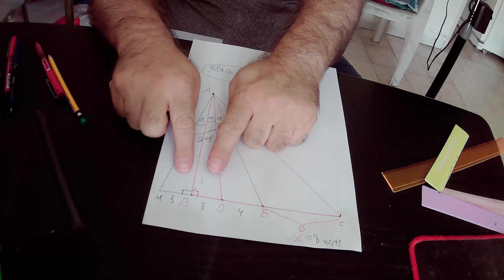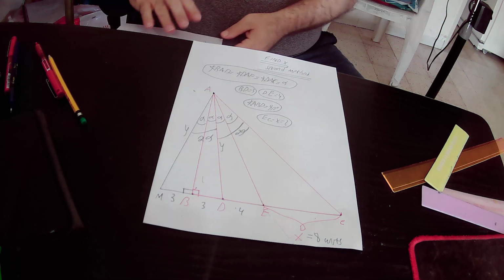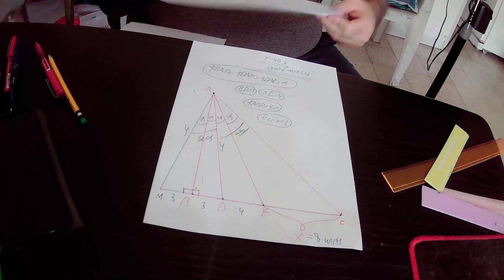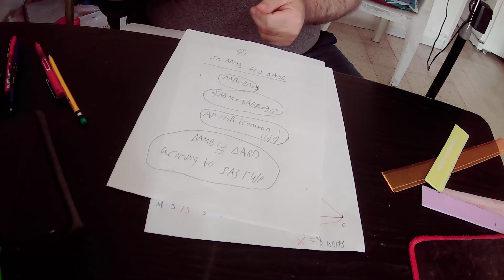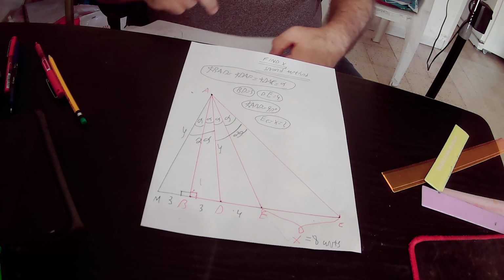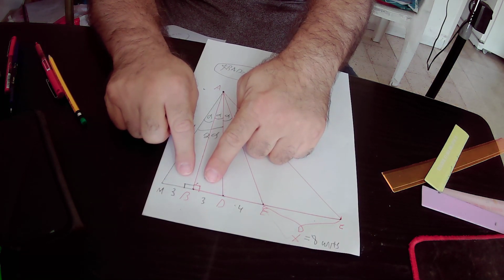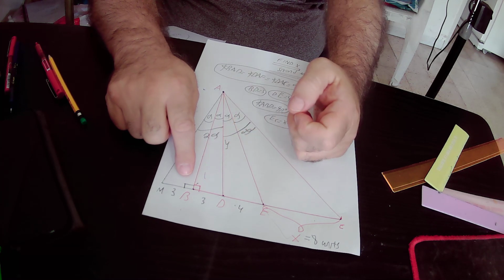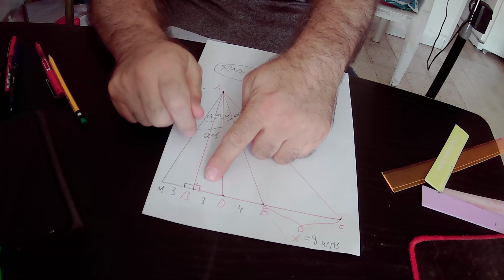First of all, we know that MB equals BD equals 3 units. This is according to our construction. And we also know that those two angles are equal to each other. They are both right angles. We proved that this angle is 90 degrees and this angle is 90 degrees according to what is given in the question.